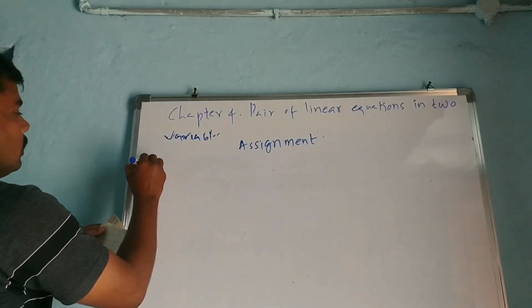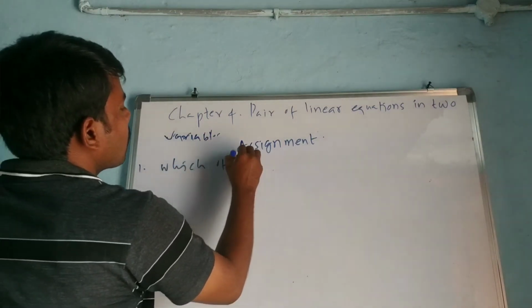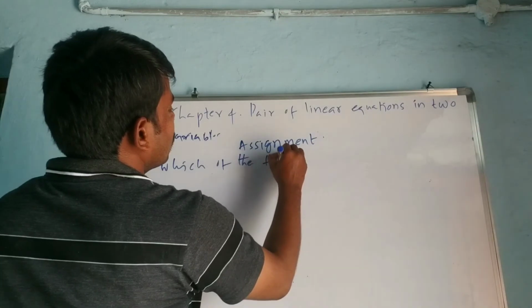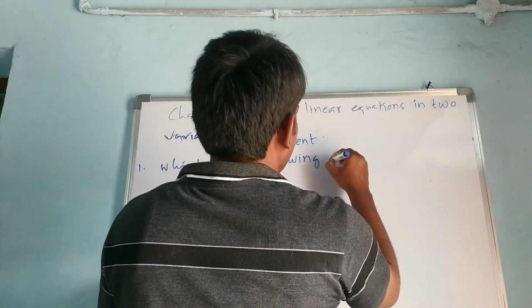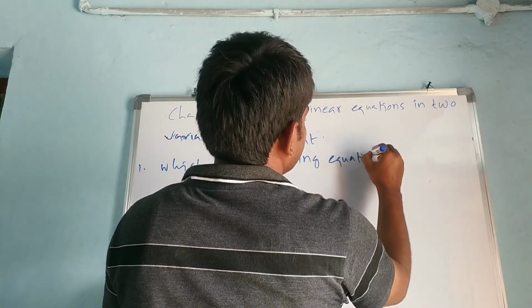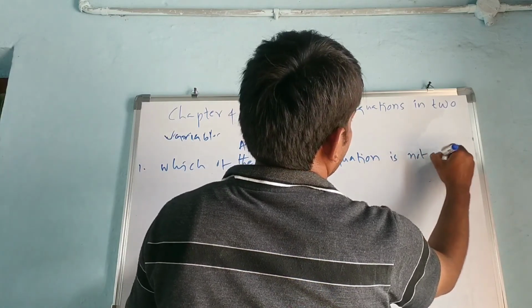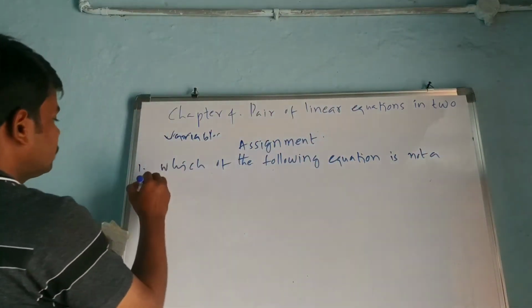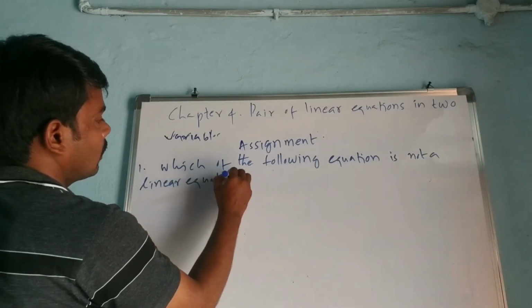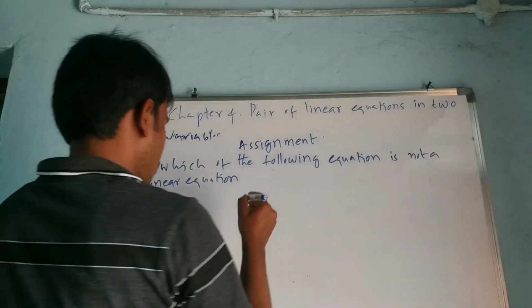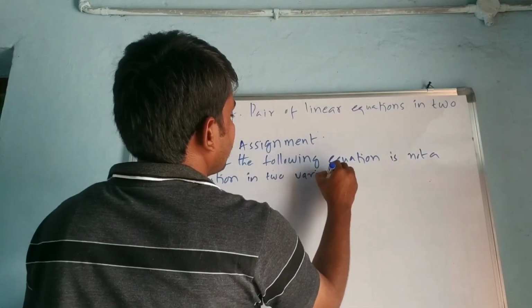Question number 1: Which of the following equations is not a linear equation in two variables?